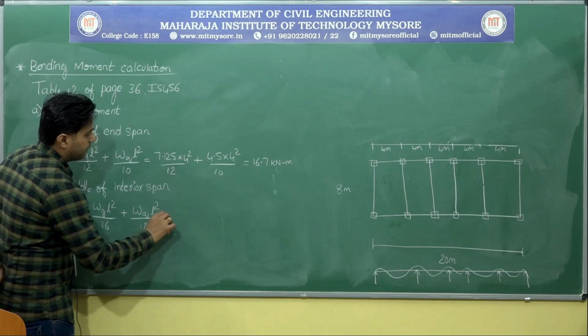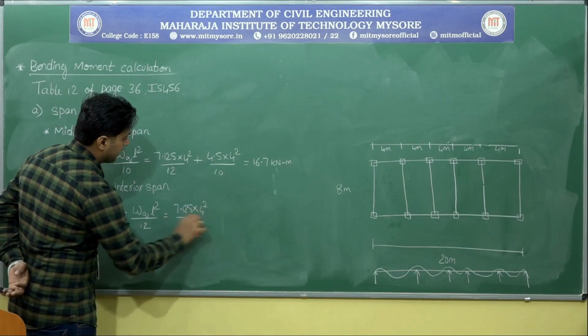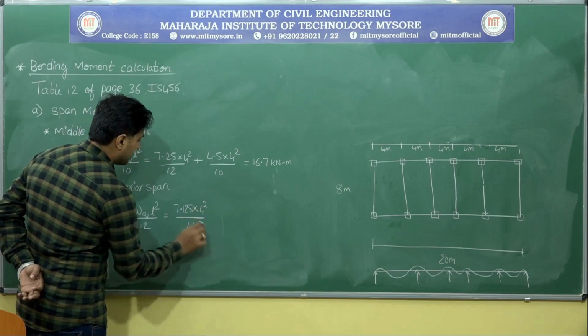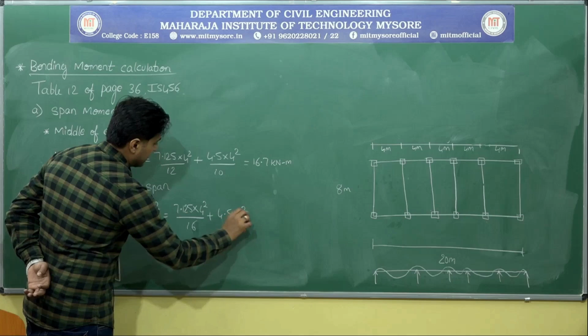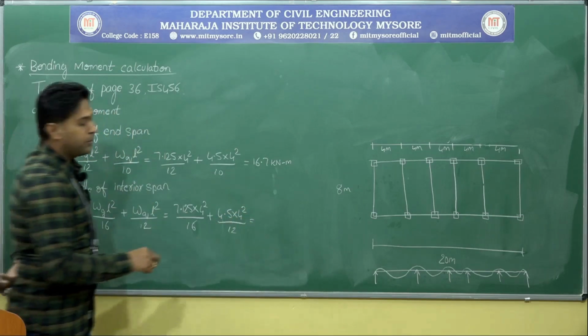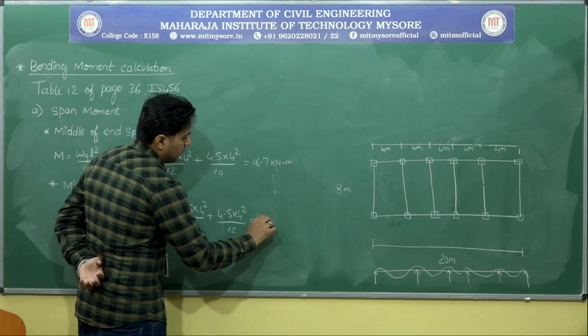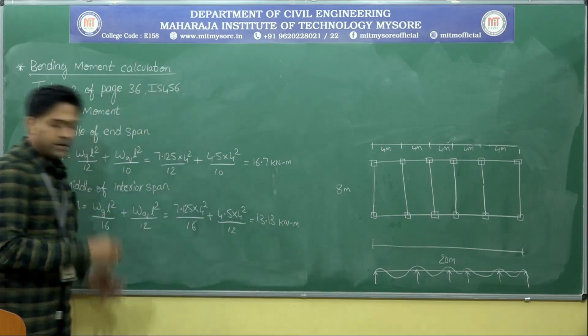Let me substitute the value. So it's 7.125 into 4 square divided by 16 plus 4.5 into 4 square divided by 12. The value for this is 13.13 kilonewton meter.